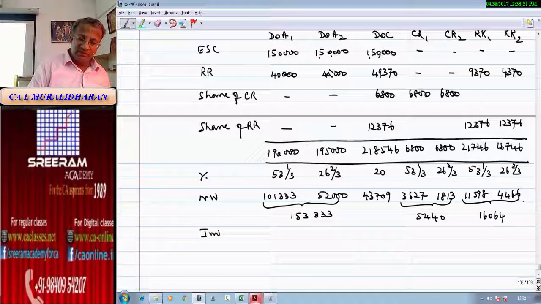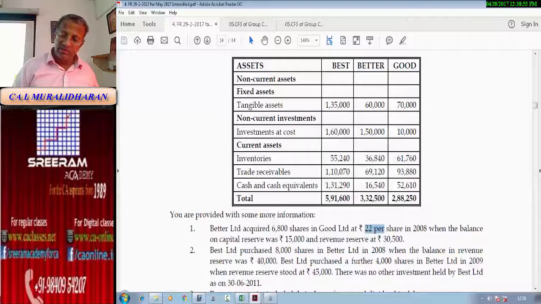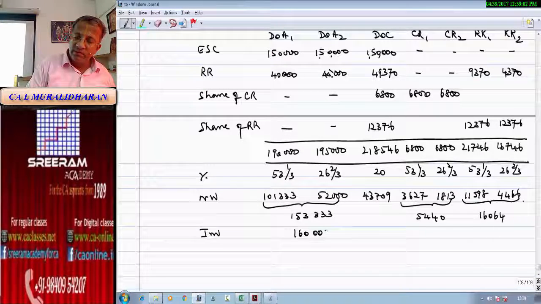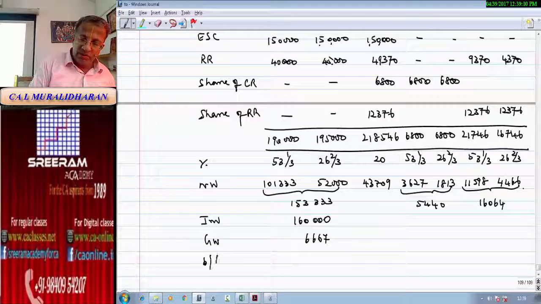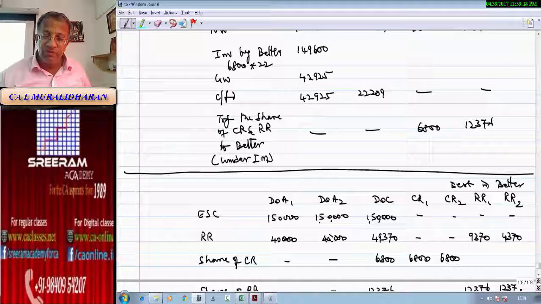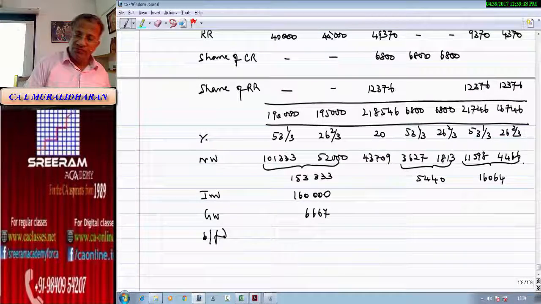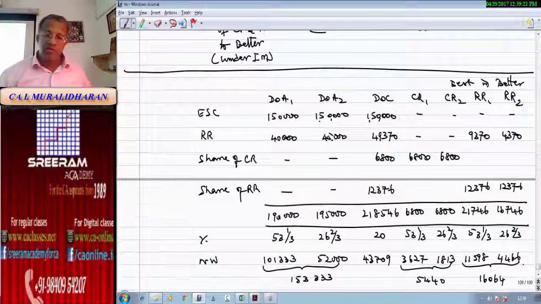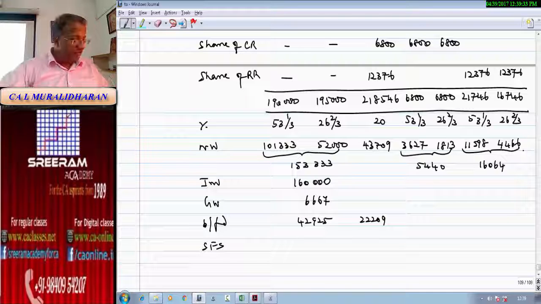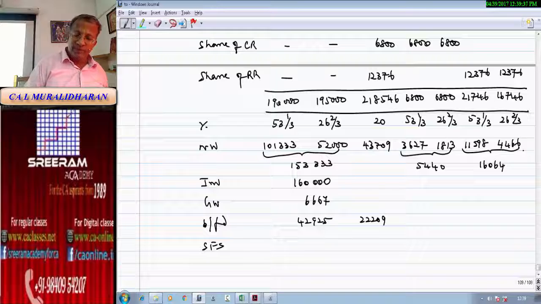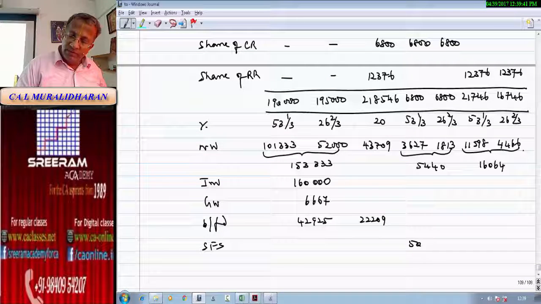Investments: 1,60,000. There is no other investment held by Best, so 1,60,000 entirely. This would result in a goodwill of 6,667. Brought forward from the previous one, 42,925 goodwill and minority interest 22,209. Then SFS, there is no goodwill there. You have capital reserve 50,000, revenue reserve 99,540.